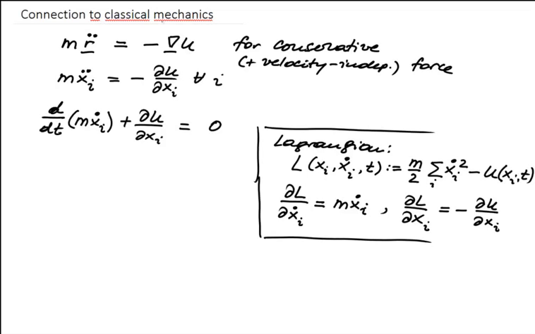Now let's come back to our equation of motion. You recognize that m times xi dot can be written as the partial derivative of the Lagrangian with respect to xi dot. And the second term, the gradient of the potential, can be written as minus the partial derivative of the Lagrangian with respect to xi.